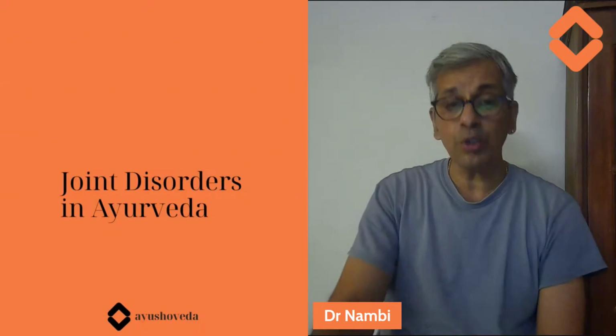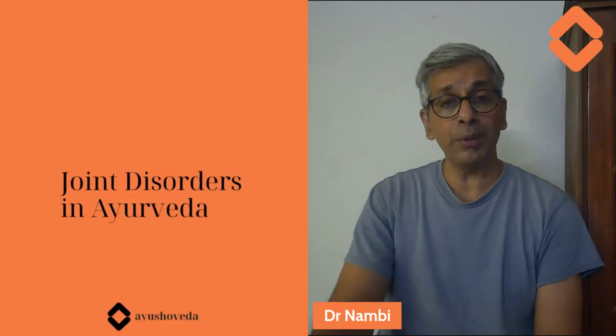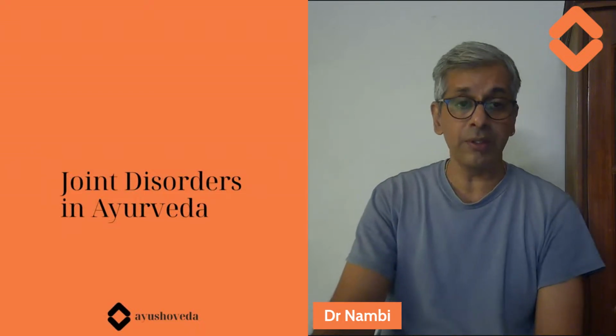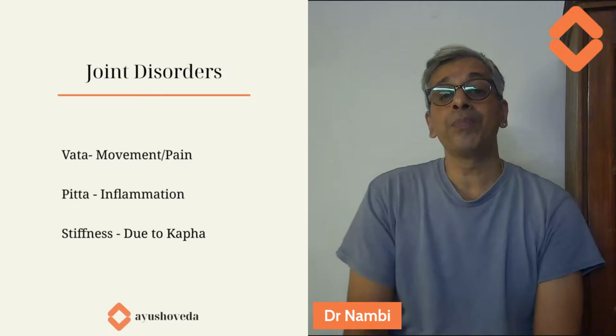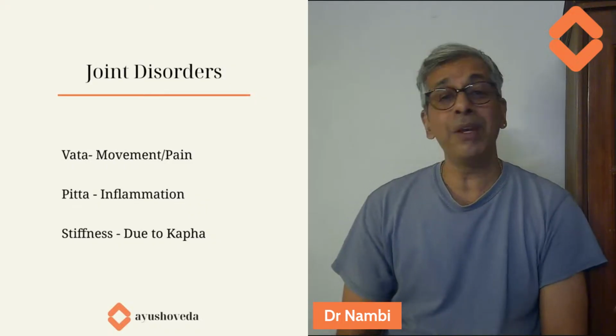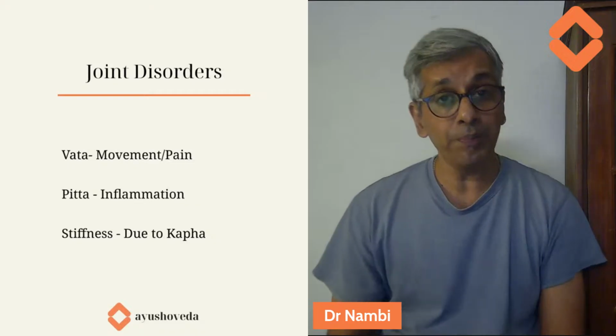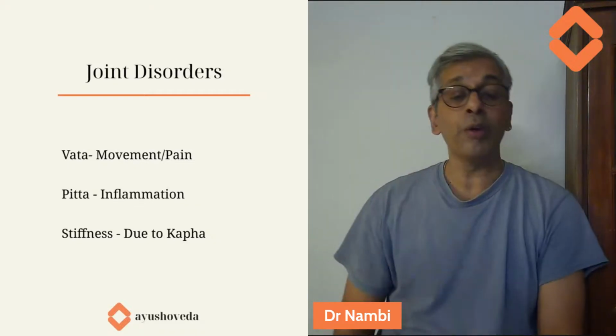So let's start with an overview of how Ayurveda looks at joint disorders, and then you can start asking your questions. As I said, joint disorders, basically sandhis, can be classified by the predominance of Vata, Pitta, or Kapha.